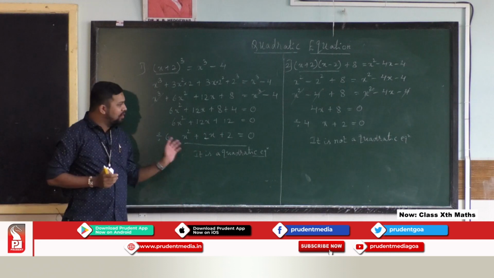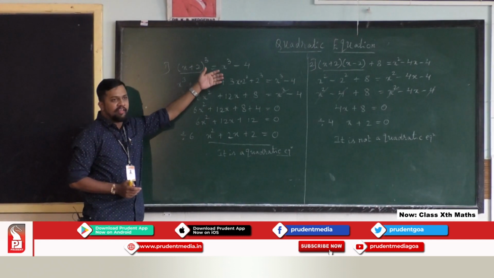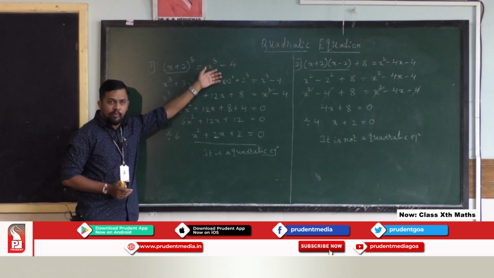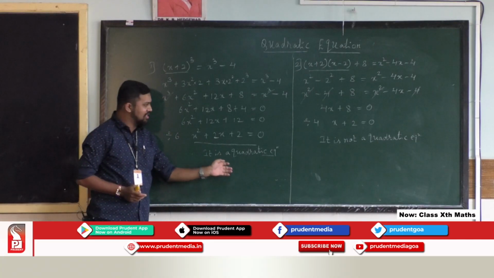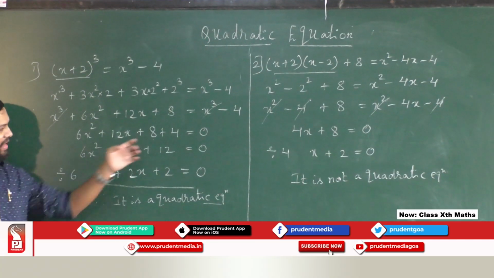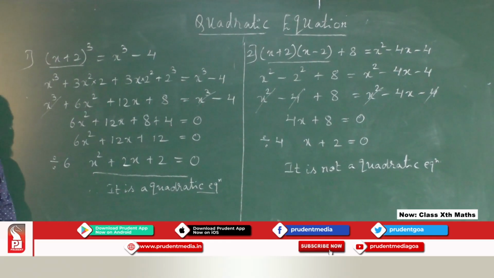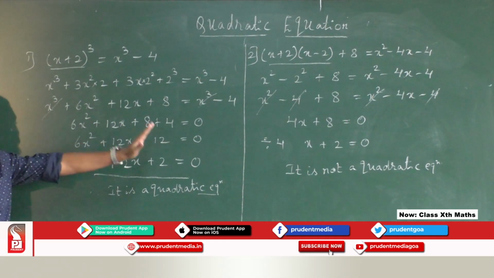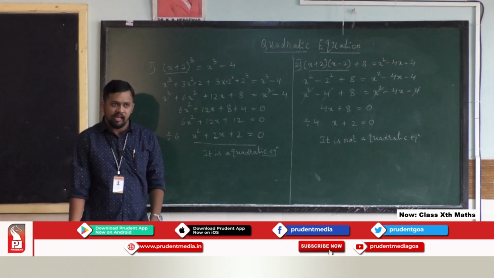If you look at both these examples, they show quite a difference. I took one problem wherein it was looking like a cube, and here it was looking like a square. But finally, this was a quadratic equation and this was not a quadratic equation. So by this concept, I think you all are clear what the difference is between the quadratic equation and the different types of equations which you have learned in earlier classes.